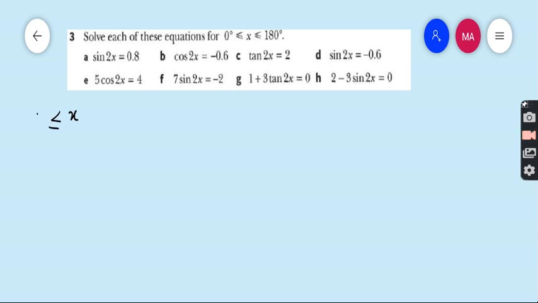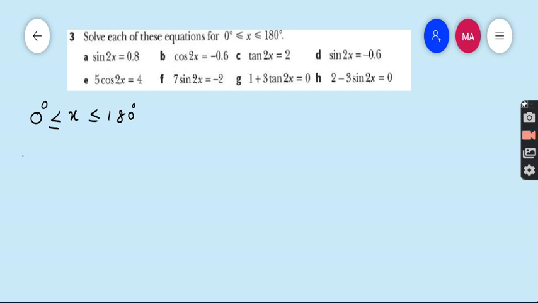The domain of x means the angle is given from 0 to 180 degrees. It means our answer for each and every part of this question should be within this domain. The answer should not be beyond 180 degrees and should not be less than 0 degrees.